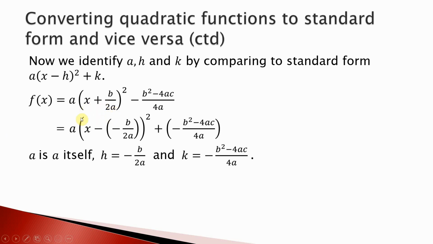Whether it has a maximum or a minimum depends on whether a is positive or negative. When a is positive, it's a minimum. When a is negative, it's a maximum, so it goes the other way.